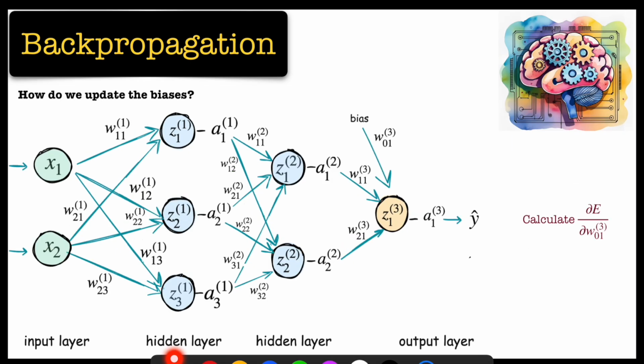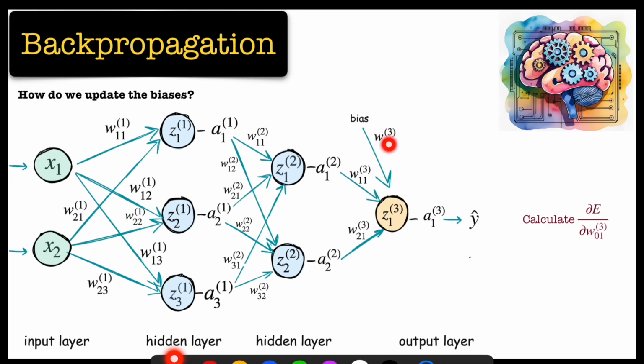Next, how do we update the biases? I have not talked much about the bias, so consider this note. Z13 is a weighted combination of the nodes in the previous layer. Let's say we have this bias also here, W013. So how do we calculate del E del W013?